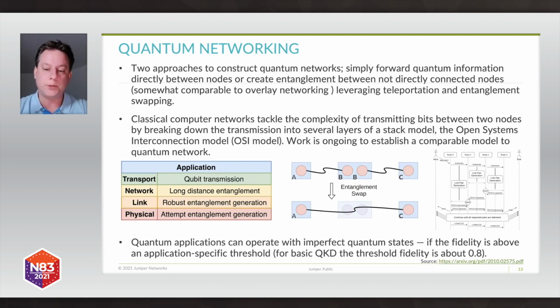Now, if Bob and Charlie do the same, and then Bob does a so-called entanglement swap action, then Alice and Charlie have entangled photons. So that is a potential way to overcome the distance limitation. But this only currently works in the labs of universities and some commercial parties as well.